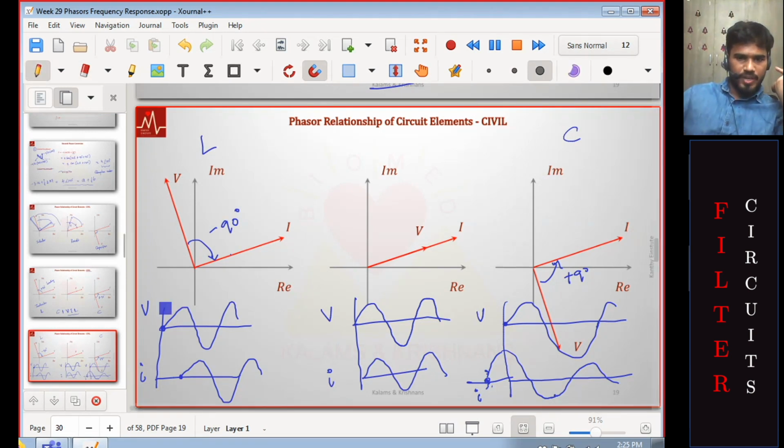Again, notice the beauty. Here, if you tell me the voltage, I know the current as far as I know the resistance, right? I can do that for any instance. The same case here also, if you tell me the voltage, I can tell you the current a little later.